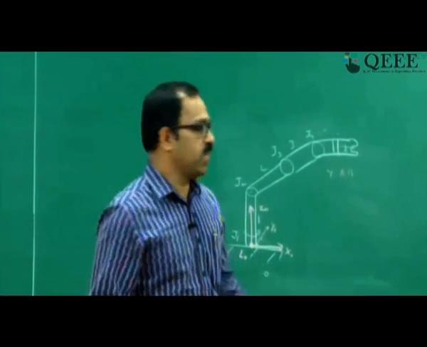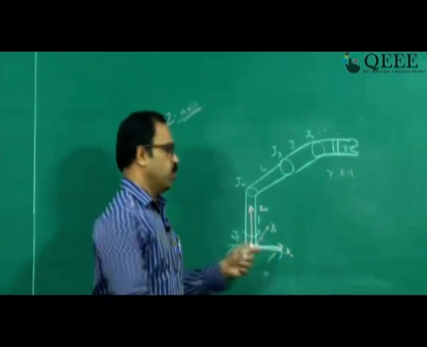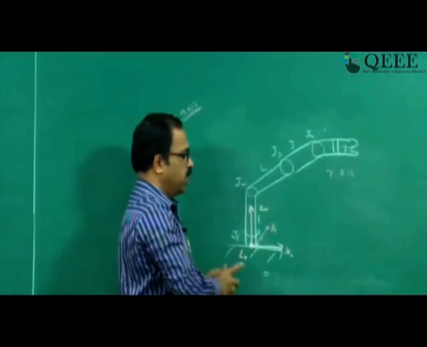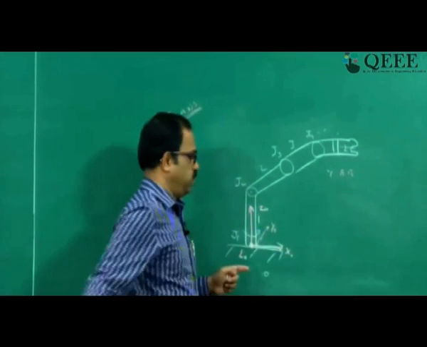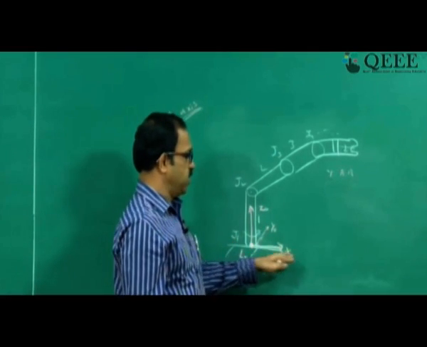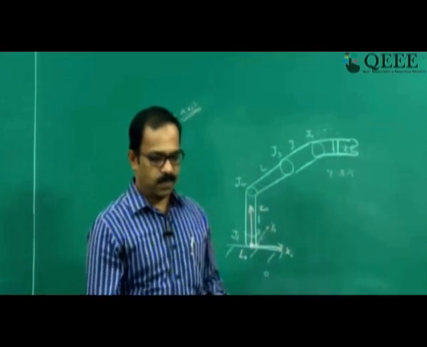The z-axis always aligns with the joint axis, and then x0 we normally take in the positive direction of the manipulator. The manipulator is assigned in this direction, so naturally we assign x in the positive direction, this direction. You can always have a rotation also, but for convenience we take this as the positive direction of the manipulator. So this will be the x-axis.